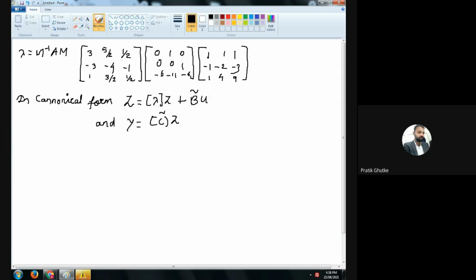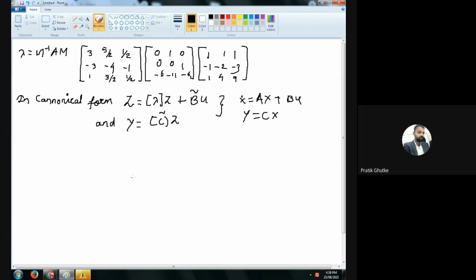So these are your state equations only. You know that state equation, x dot equals Ax plus Bu, and y equals Cx plus Du. Like this, in canonical form, I have been replacing that x with z. So z dot equals lambda into z plus B cap into u, and y equals C cap into z.